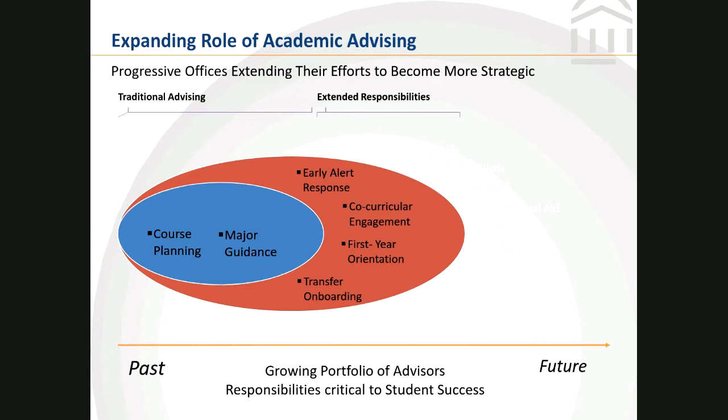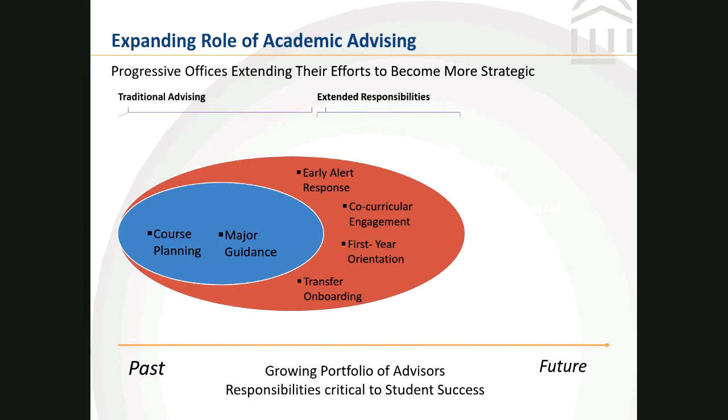Things like co-curricular engagement. I think I saw Dr. Amber Faluca joined today. This is all about our quality enhancement plan, getting advisors to talk to their students about the many beyond-the-classroom opportunities available to them, and having those students get engaged.